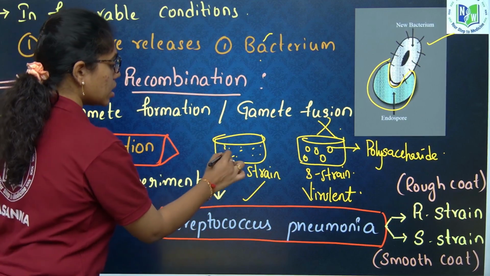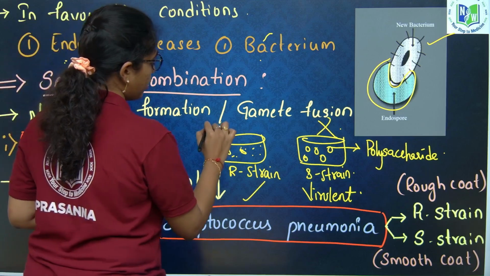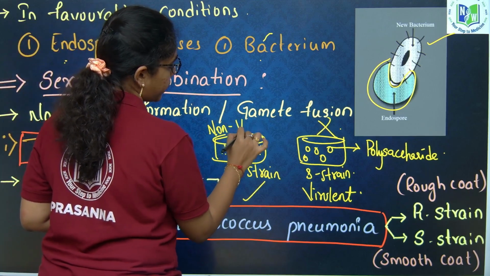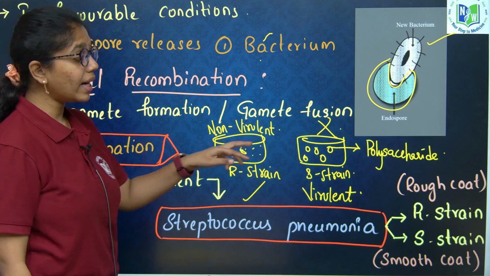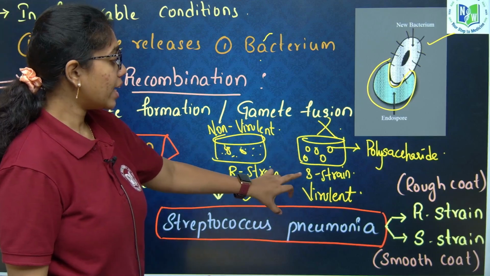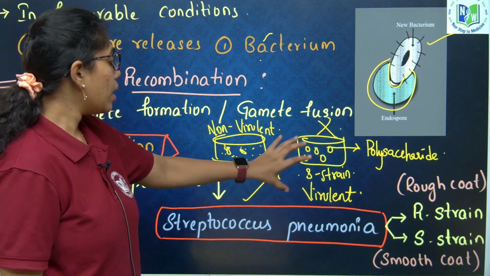They are just rough strain bacteria, and they are non-virulent. Keep it in mind: R strain is non-virulent, S strain is virulent, because they have a polysaccharide coat over the bacteria.